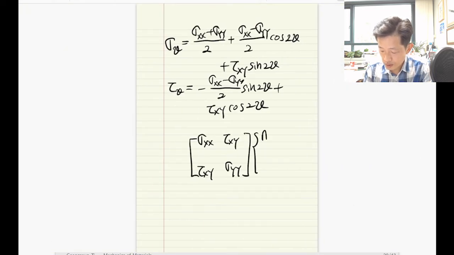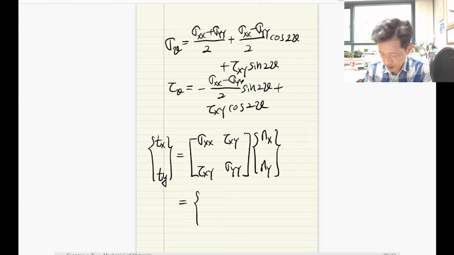So we just consider dot products here, nx and ny. As a consequence, we can get a certain traction here, tx and ty, the traction components in the x and y directions. We get sigma xx nx plus tau xy ny, and tau xy nx plus sigma yy ny. This is traction.